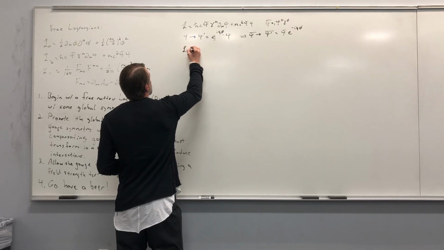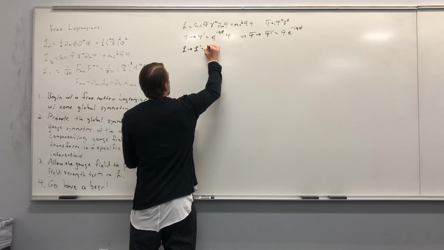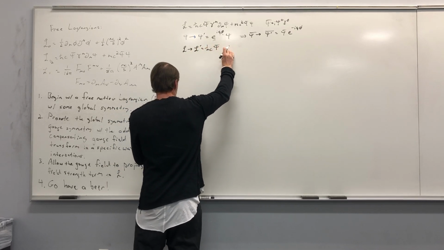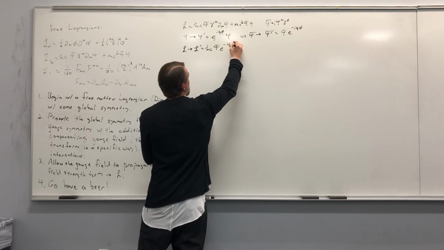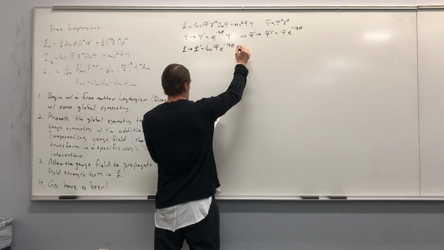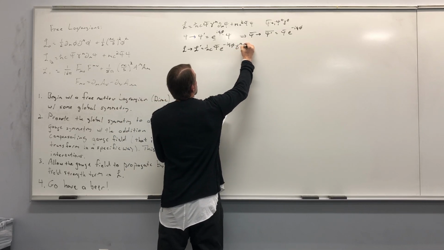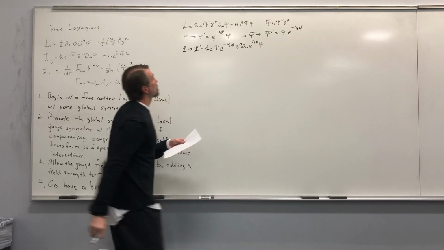So if I ask how the Lagrangian changes, it becomes the following. h bar c psi bar e to the minus i q phi, this is just transforming the psi bar term, gamma mu d mu e to the i q phi psi.